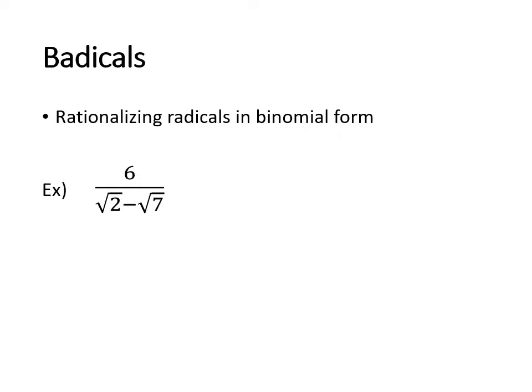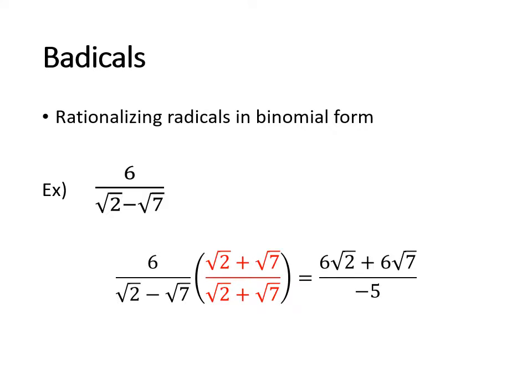We also have to rationalize when we have not such simple things in the denominator. And there's a specific thing we use for this, and it's called the conjugate. So if we have the square root of 2 minus the square root of 7, the conjugate is the square root of 2 plus the square root of 7. And you might notice that this is basically a difference of squares situation. Imagine if we squared the square root of 2 and squared the square root of 7.